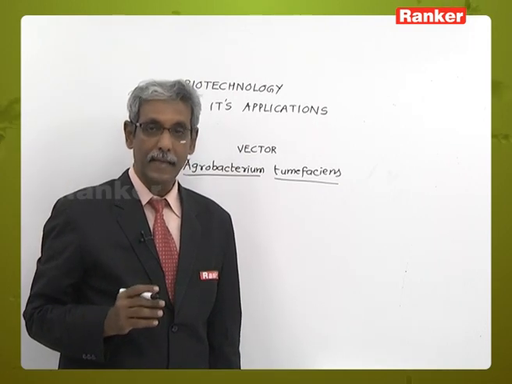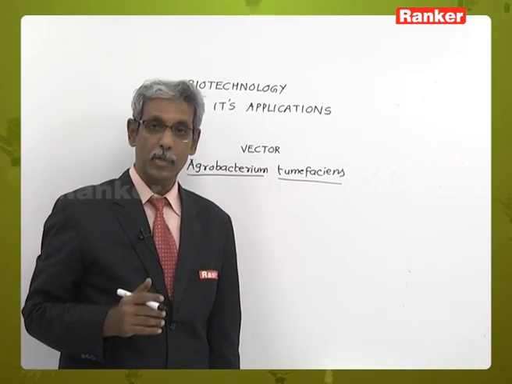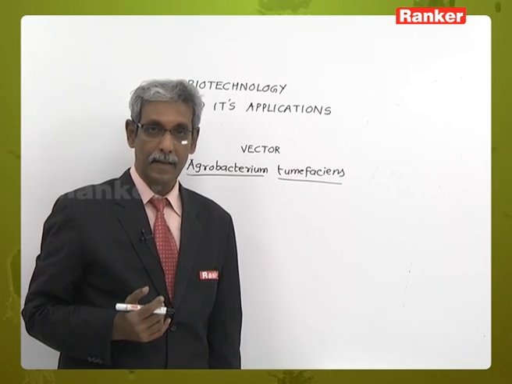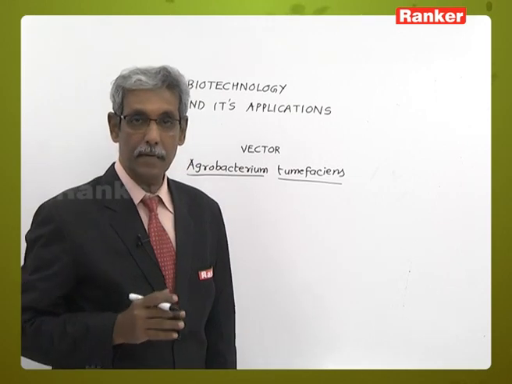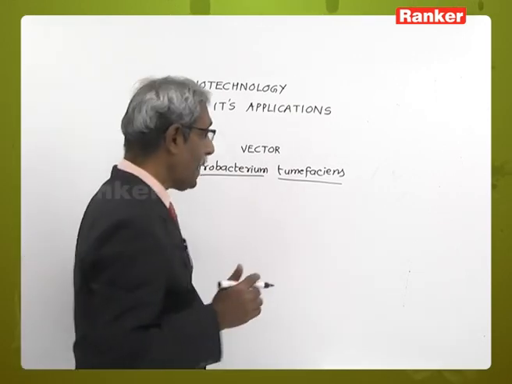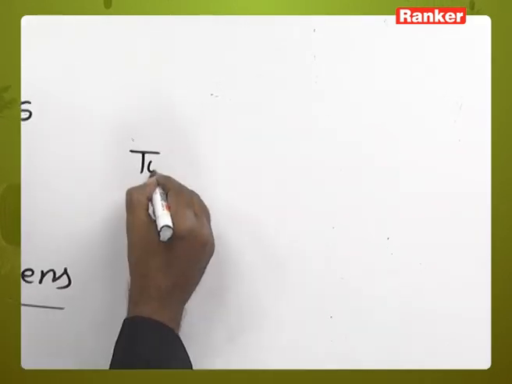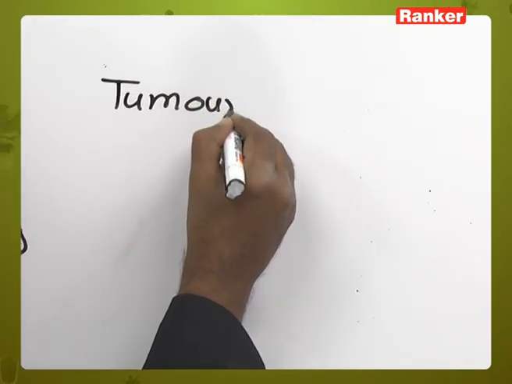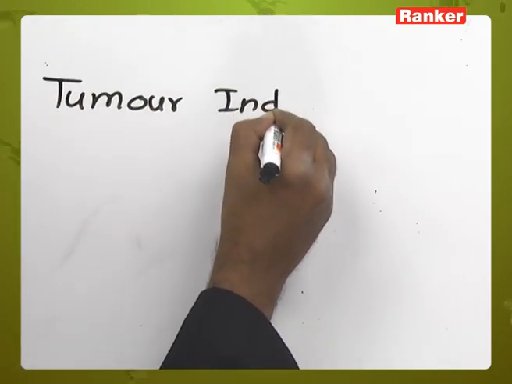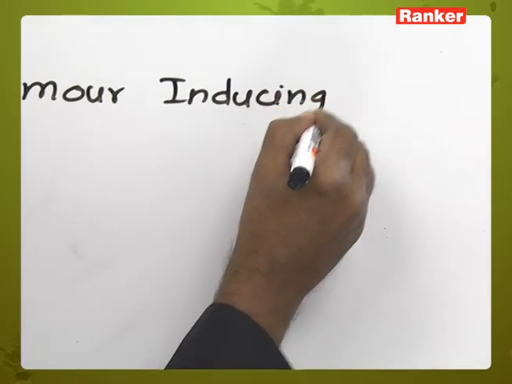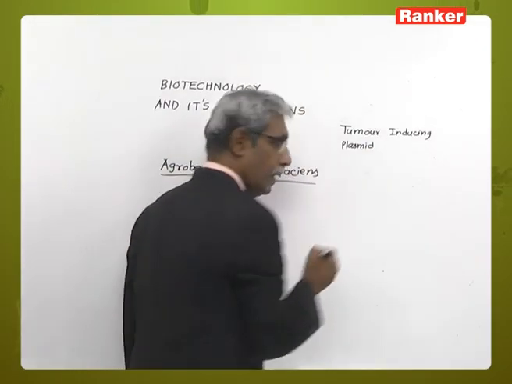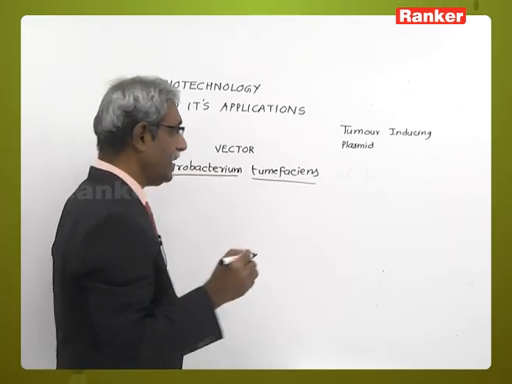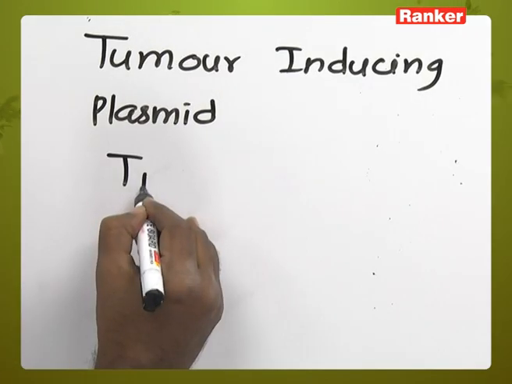And Agrobacterium tumefaciens is a bacteria which has its own plasmid, and the plasmid present in it is termed the tumor inducing plasmid. It is popularly designated as the Ti plasmid.